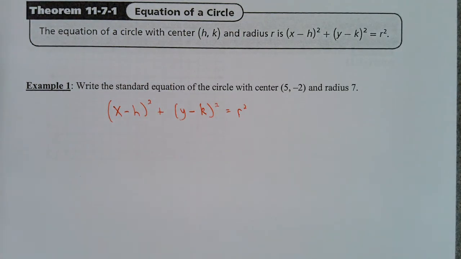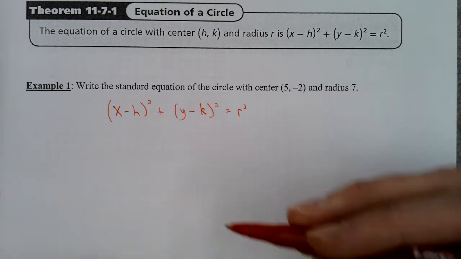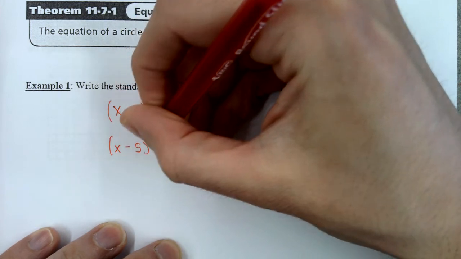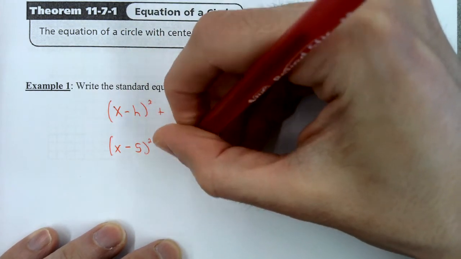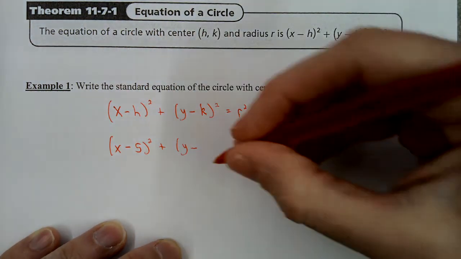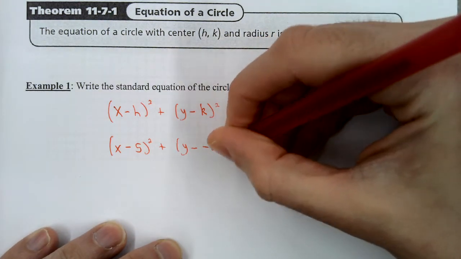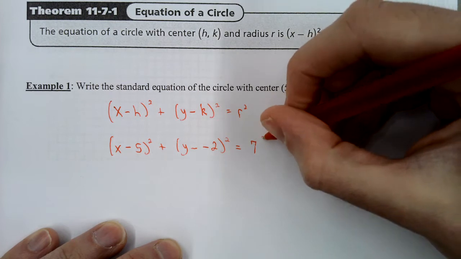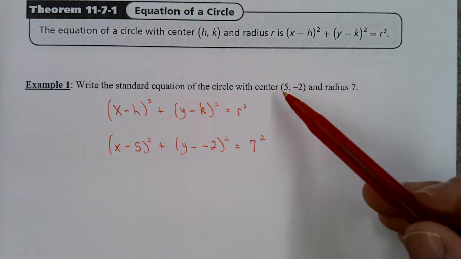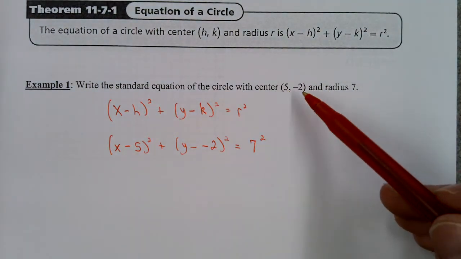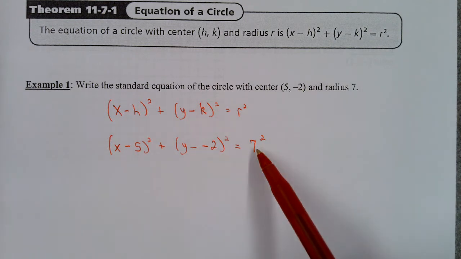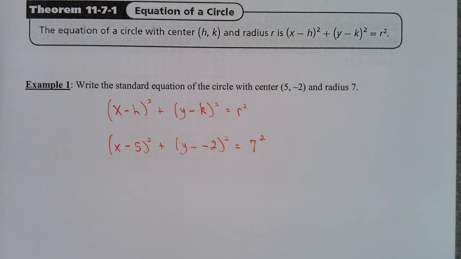So it's going to be (x minus 5) squared plus (y minus -2) squared equals the radius, which is 7 squared. So you subtract the 5 and you subtract the -2, and the radius is 7 squared.